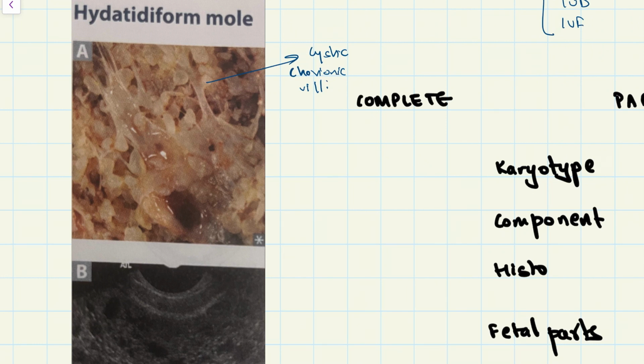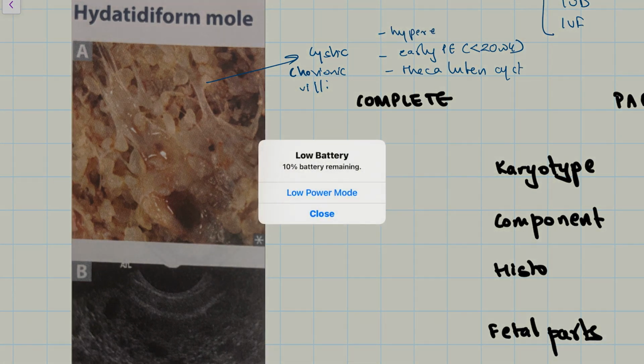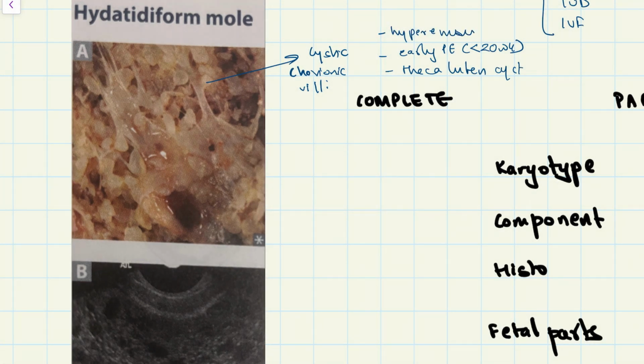It is associated with sequelae of increased beta HCG, right, like early preeclampsia, that is preeclampsia before 20 weeks, presence of thecal uterine cyst, hyperemesis, and hyperthyroidism. Right, these are all due to increased beta HCG.